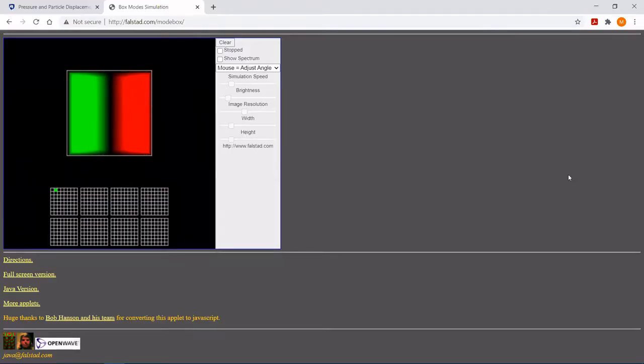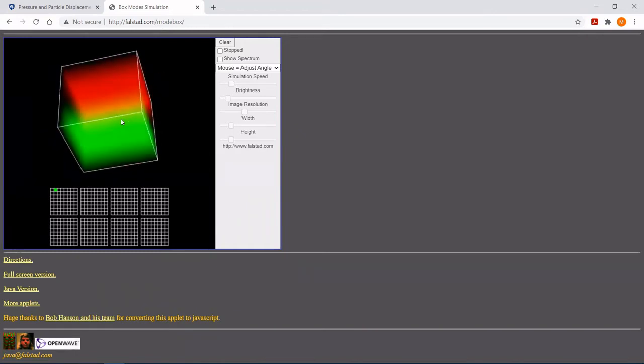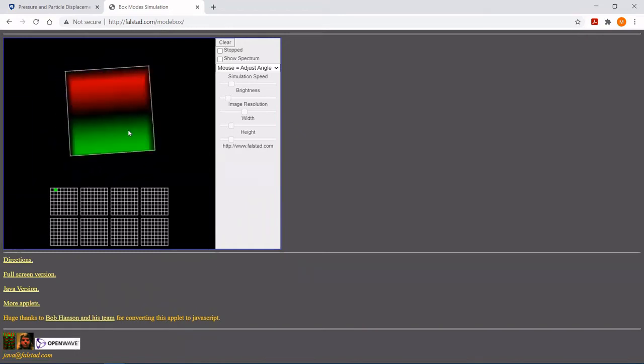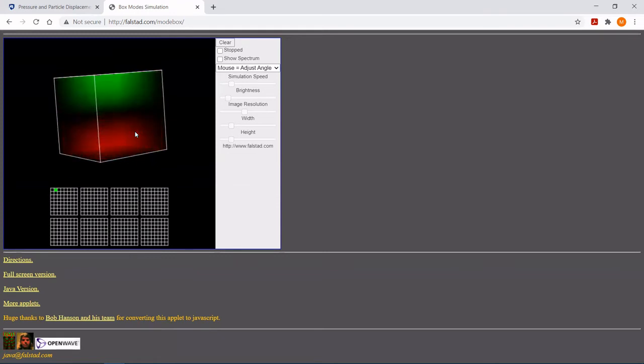If you'd like to see some real representations of 3-dimensional acoustical modes or 3-dimensional standing waves, you can consult the Falstad website because it seems to have everything you could possibly want. It looks 2-dimensional, but check this out. If you click and hold the mouse, you can rotate it. And what are we looking at here?